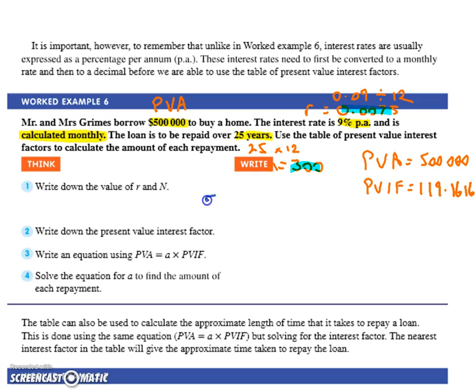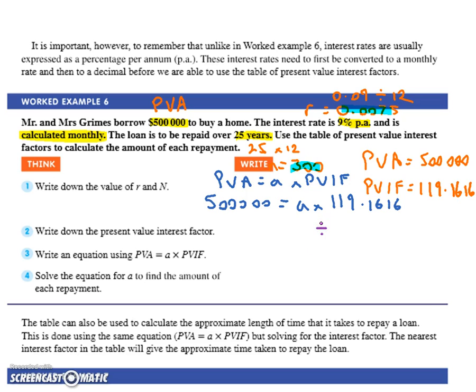Cool. Let's now sub that in and make it pretty. Oh, sorry, I should write the formula: PVA equals A times PVIF. So we've got 500,000 equals A times 119.1616. Once again, we divide both sides by the PVIF.